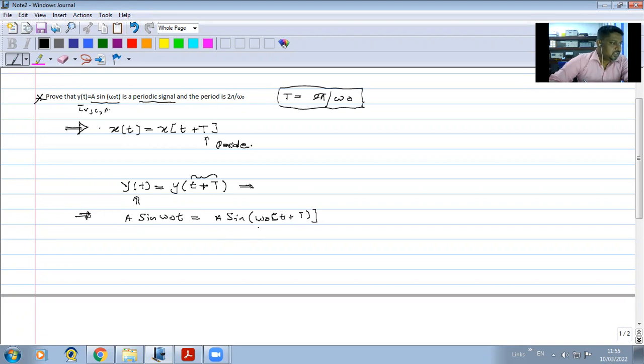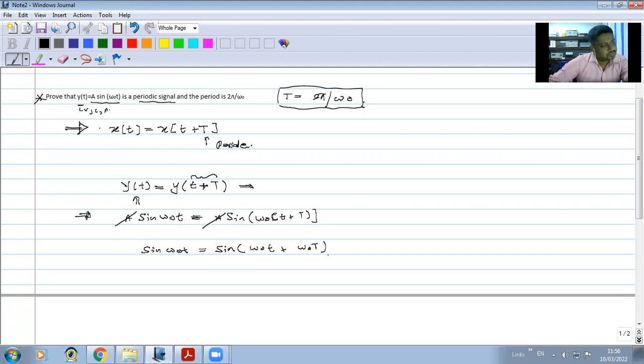So it will be equal to sine omega naught (t plus T). So you can see this equation. If I expand this, I will get sine of omega naught t plus omega naught T.